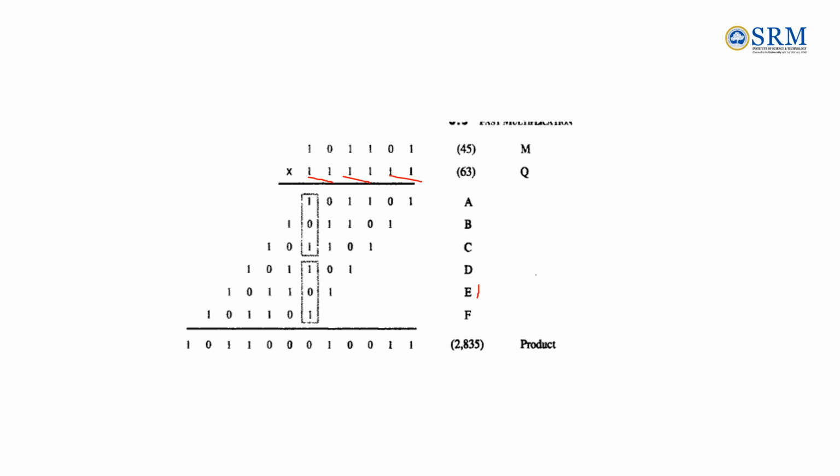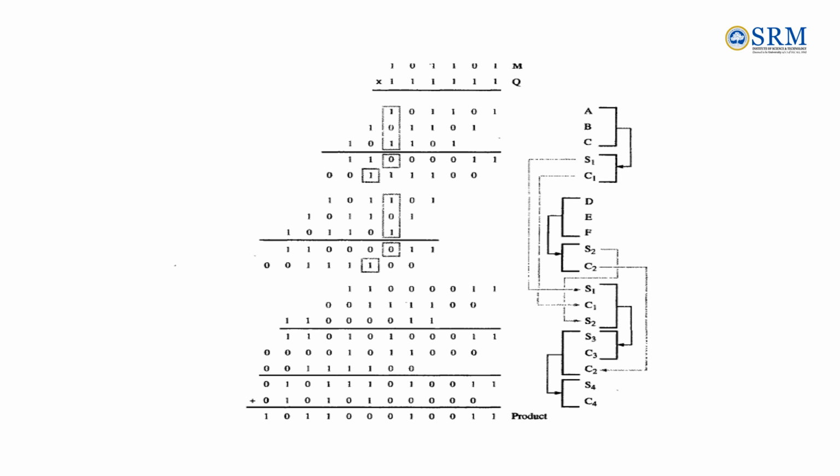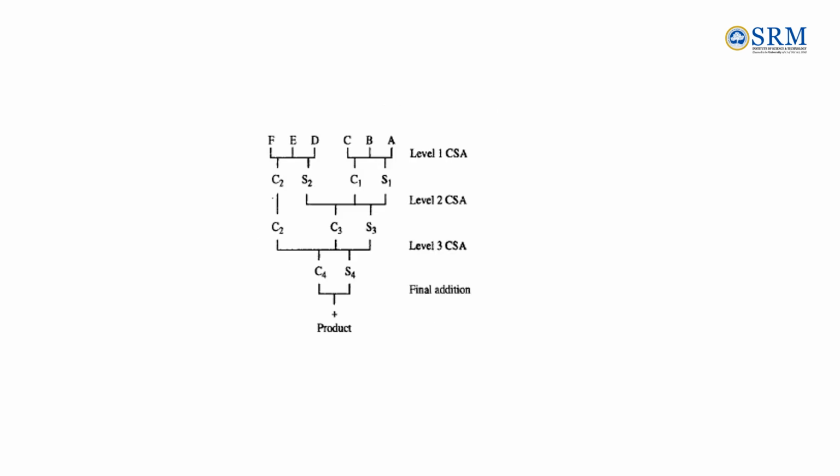So I'll add A and B, and I'll get S1 and C1. Then with D, E, F, I get S2 and C2. Adding S1, C1 and S2, I get S3 and C3. With that I add S2, I get S4 and C4, which is my final answer. So something like this.